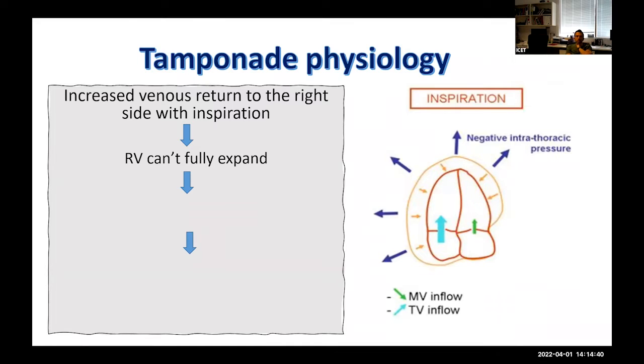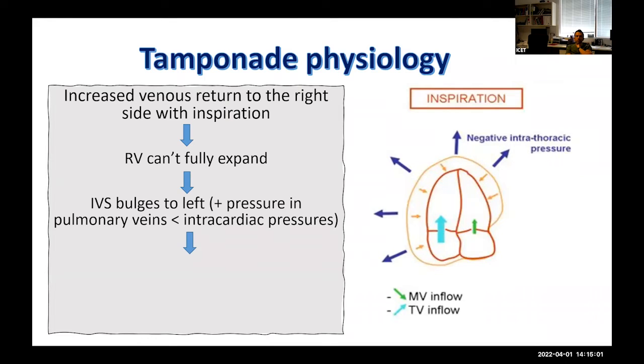So when you take a breath in, your systemic venous return increases. However, the right ventricle can't fully expand because of the pressure exerted by the pericardial fluid. So the interventricular septum will bulge to the left, and the pressure in the pulmonary veins will also be less than intracardiac pressures.